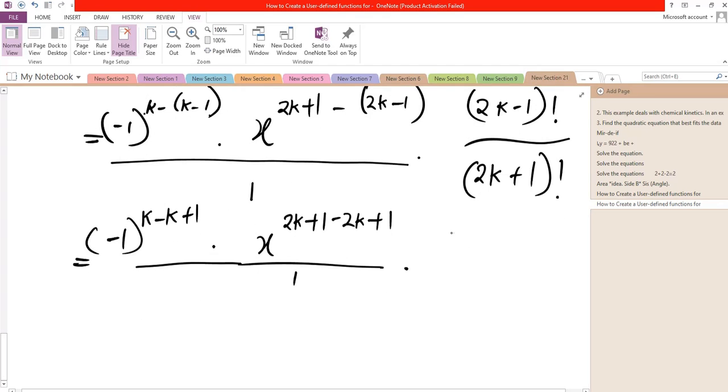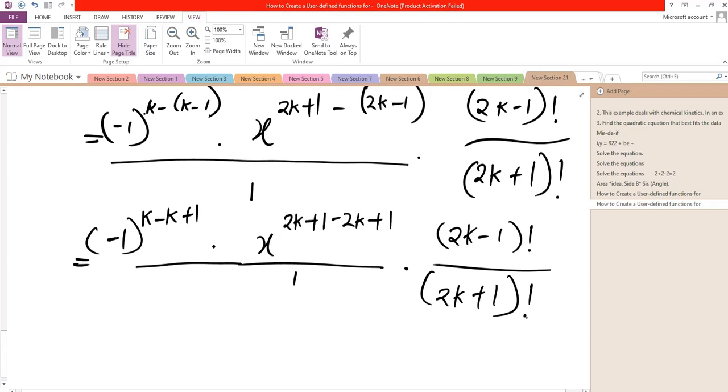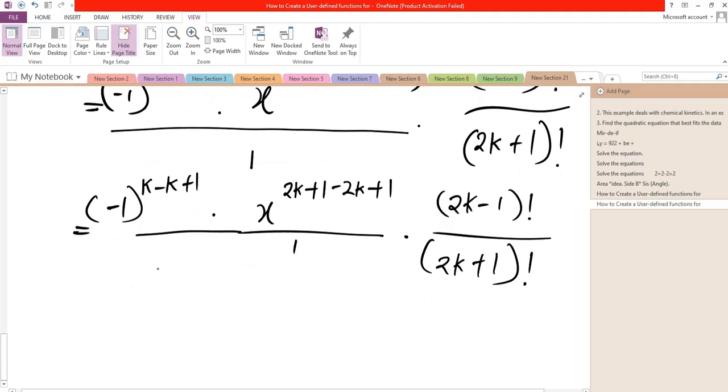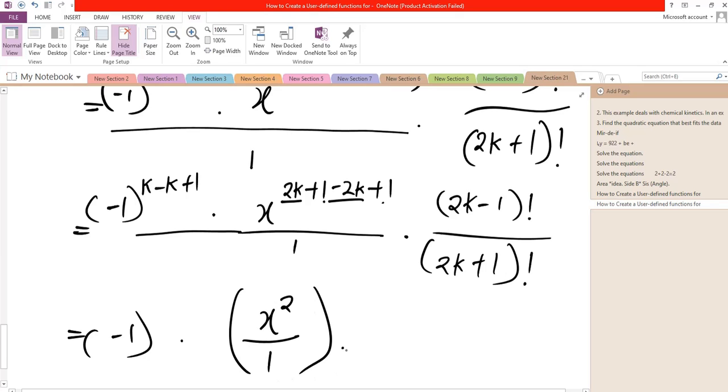So k minus k plus 1 gives minus 1 raised to power 1, which is minus 1. And 2k minus 2k gives 0, so you have 1 plus 1 is 2, so x raised to power 2.